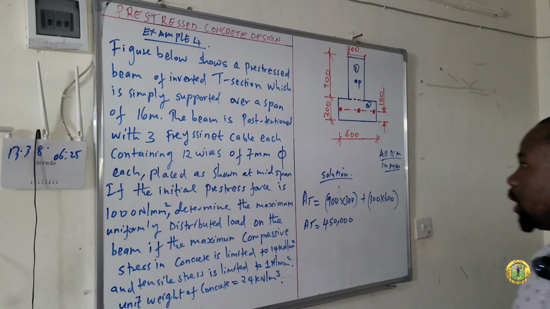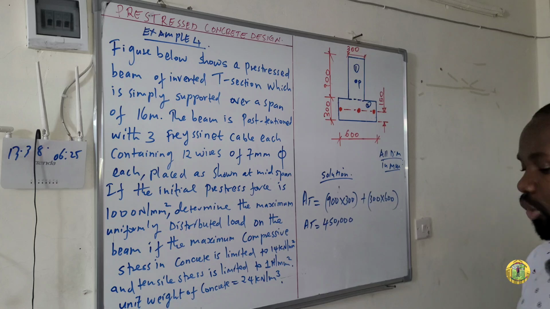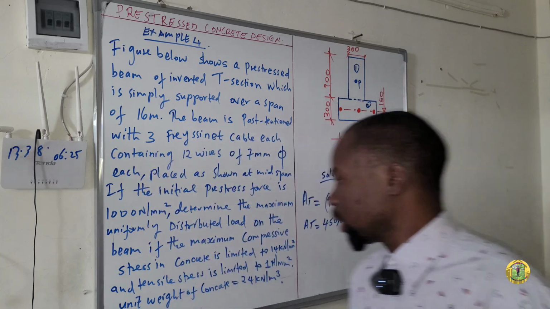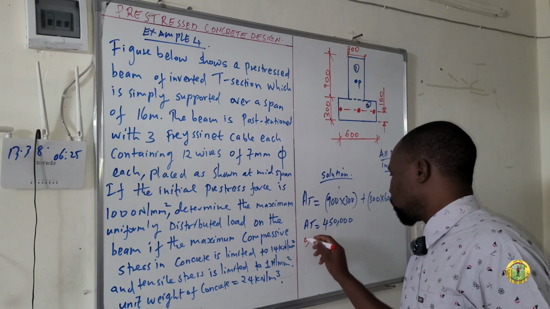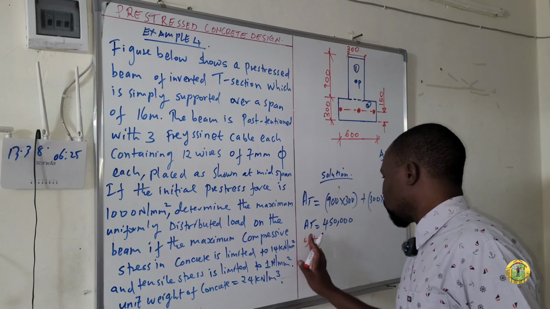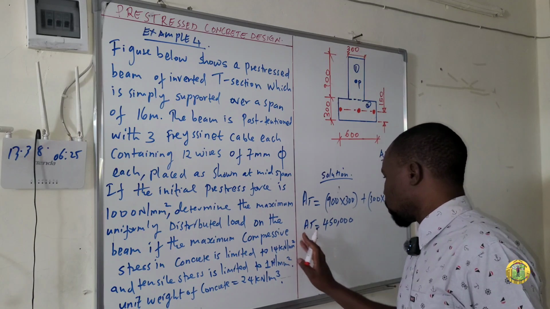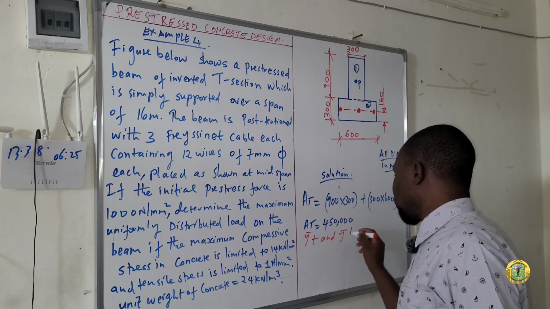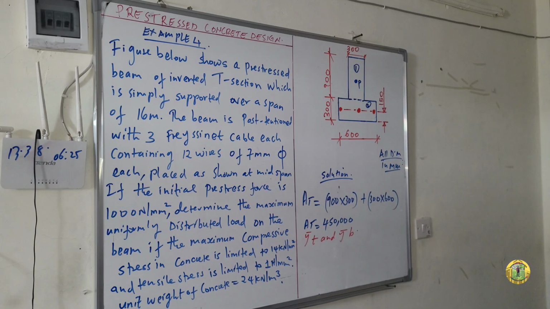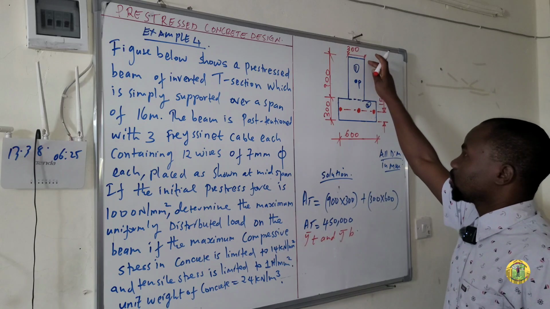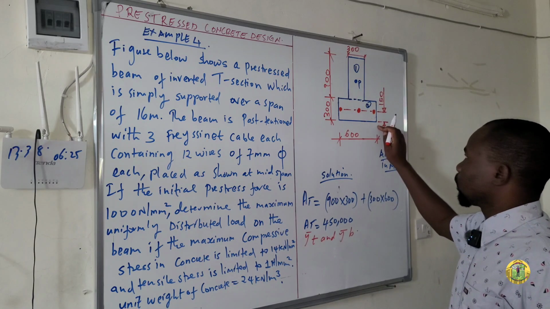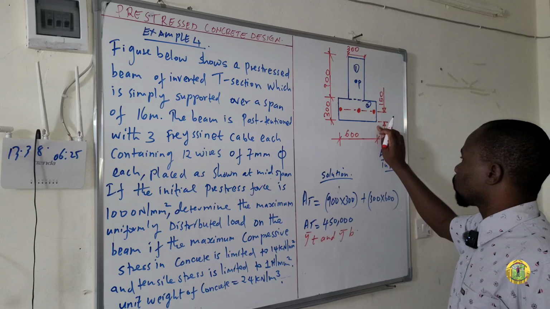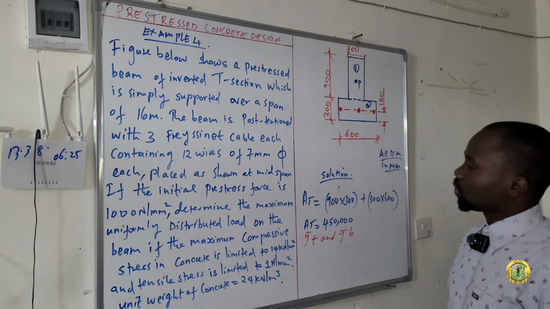450,000 square millimeter. After that, we proceed to y bar top and y bar bottom. To calculate them, you can either start from the top and proceed down to the bottom, or start from the bottom and proceed to the top.